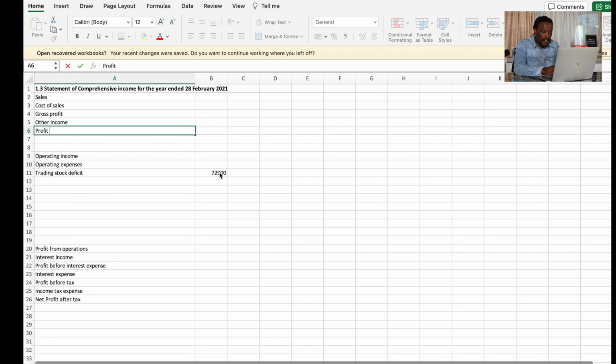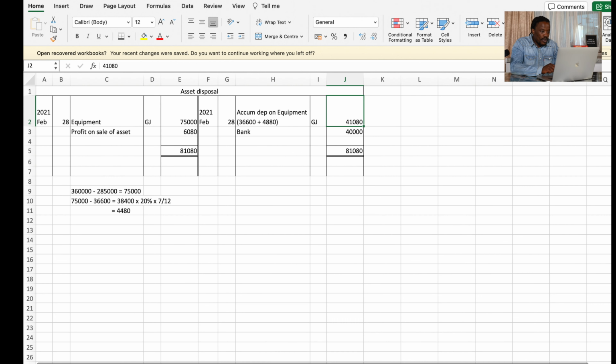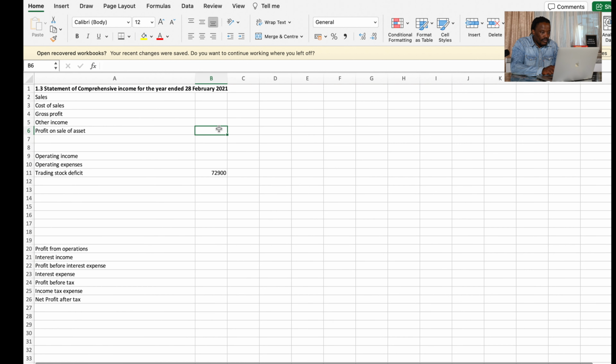I remember that I have profit on sale of asset. These are the things that you already have and you don't want to waste time. How much was the profit on sale of asset? Again, you look at your ledger, it's 66,080. These are the things that you already got that are part of this exercise.